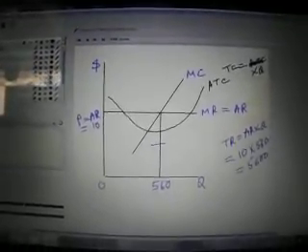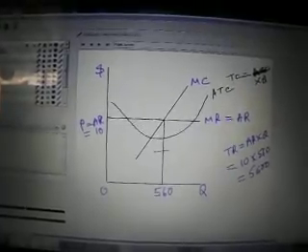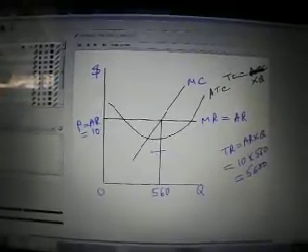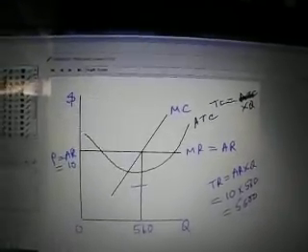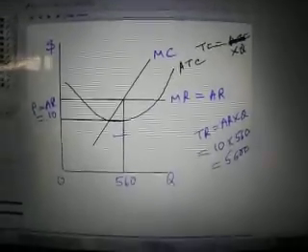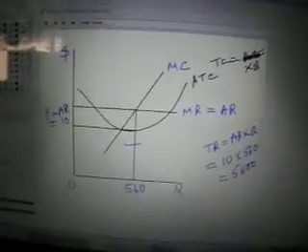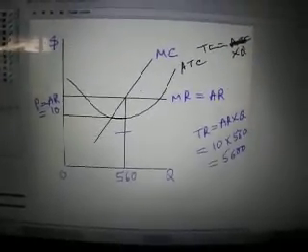So let's draw a line there, and that is right here. So it is less than 10, right? What can we call it? If this is 10, let's call it 8. Okay. So average cost is 8.